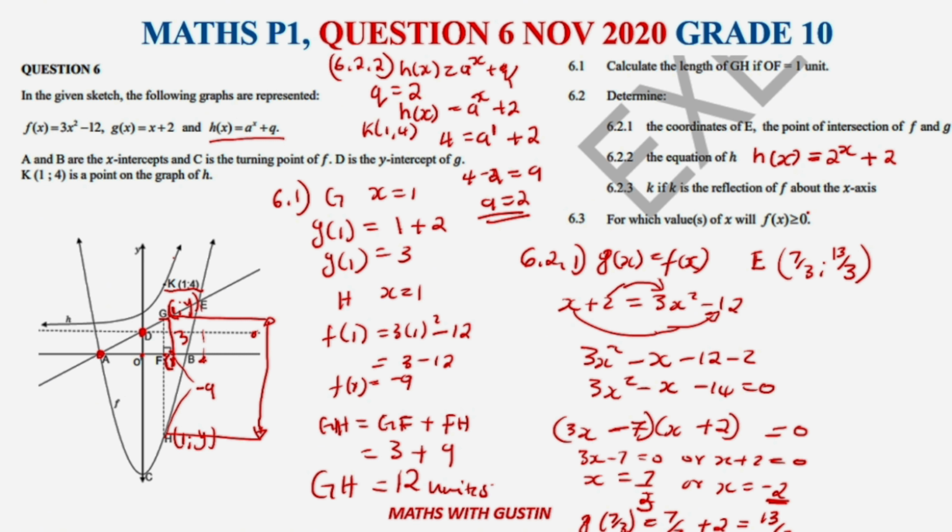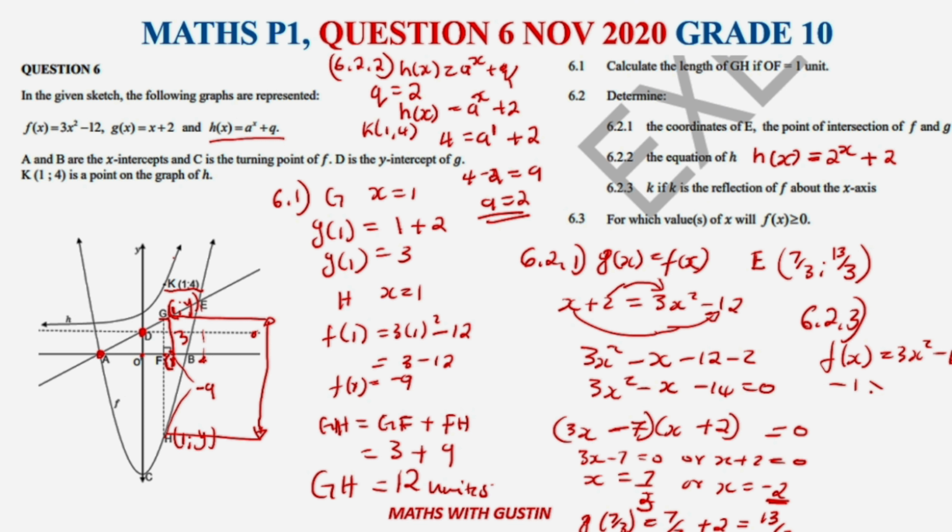Okay, it says: determine the equation of k if k is a reflection of f about the x-axis. So what is f? f is a parabola, and reflecting it about the x-axis means this graph will just be sad, so we just need to multiply everything by -1. f of x is 3x squared minus 12.